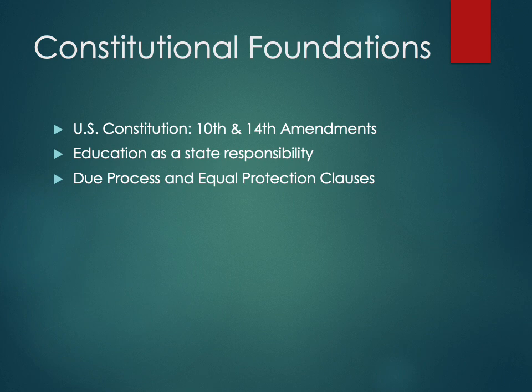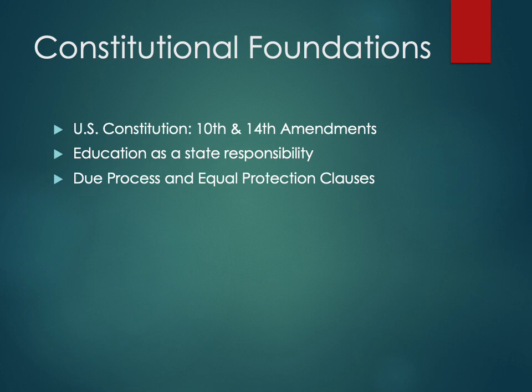The U.S. Constitution does not explicitly mention education, so the 10th Amendment is key. It reserves powers to the states to establish and oversee education systems. However, education must comply with federally protected rights, especially those under the 14th Amendment. The Due Process Clause.